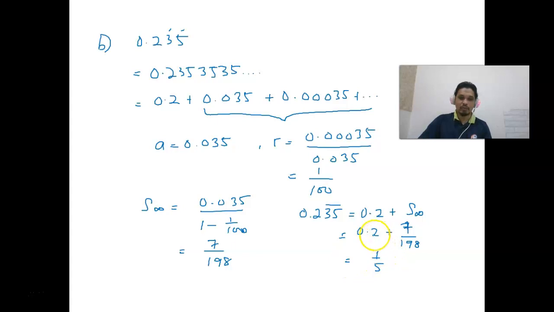So 1 over 5 plus 7 divided by 198 equal to 233 divided by 990.